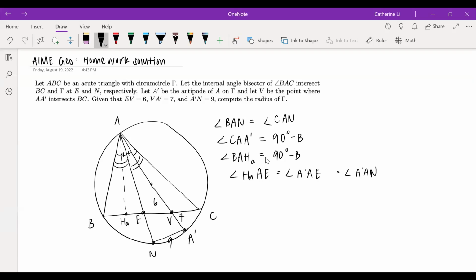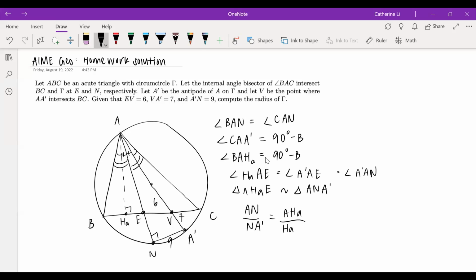We also know that we have these two right angles, AHAE and ANA prime, which means that we're going to have a pair of similar triangles. AHAE is similar to ANA prime. So this is going to give us some similarity ratios. In particular, we have AN over NA prime is equal to AHA over HAE.